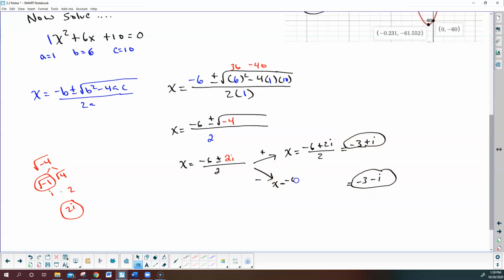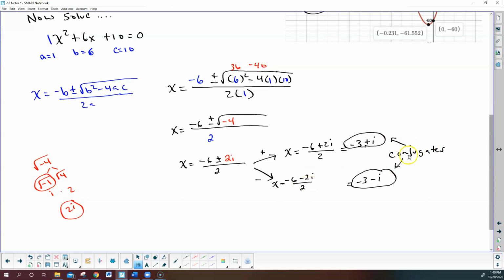But let's just double check. What happens when I do negative 6 minus 2i? Well, negative 6 divided by 2 is negative 3. Negative 2 divided by 2 is negative 1, and then the i stays. So I'm just going to write the word conjugate next to it, because when you guys get to calculus, it's pretty important that you understand that.